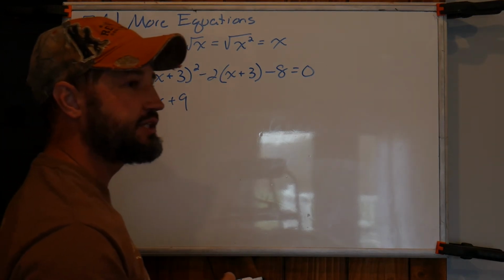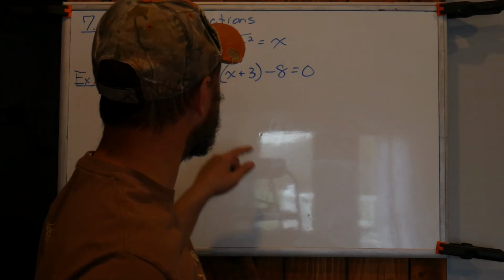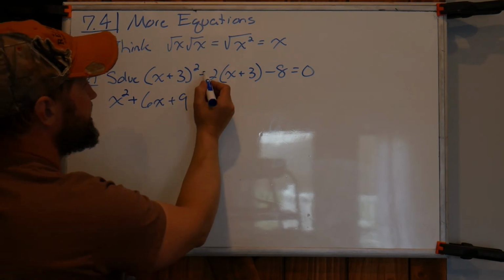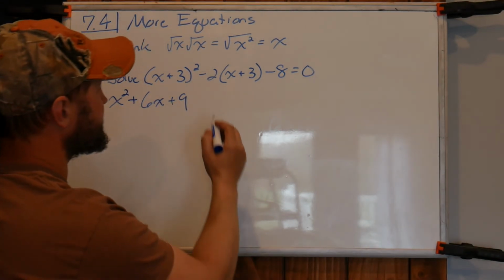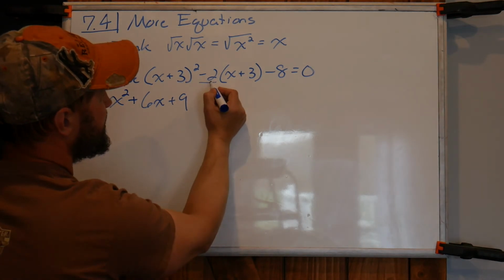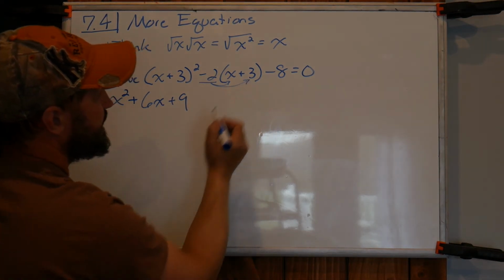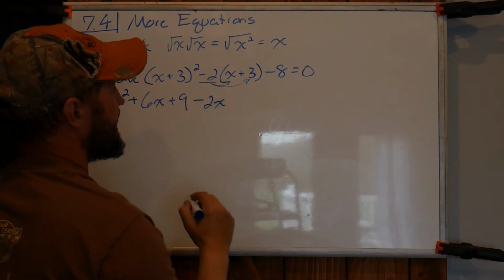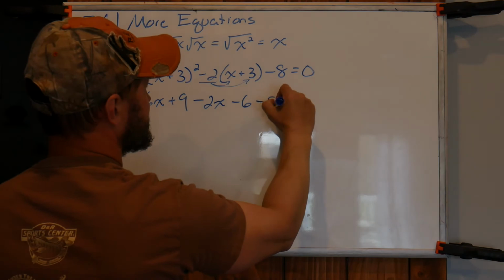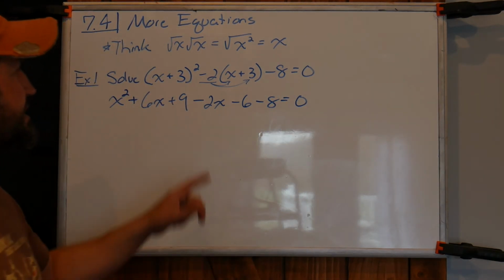Now I did just grade the chapter 6 tests, and I noticed some people forgetting a random negative that was outside of brackets or parentheses. This is a negative 2 times everything inside. Don't forget that. So we have a negative 2x minus 6 minus 8 equals 0.